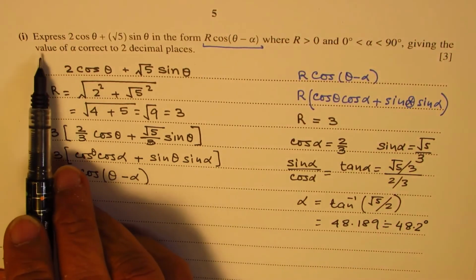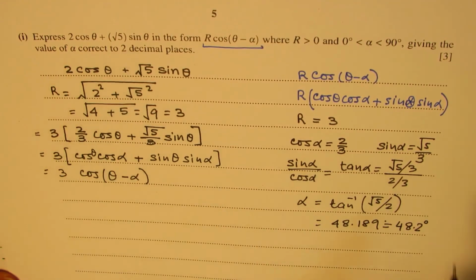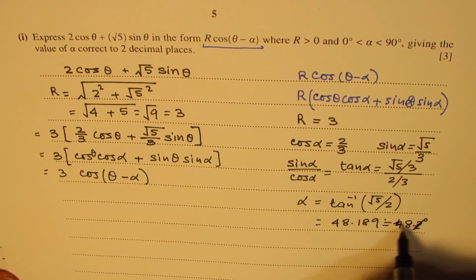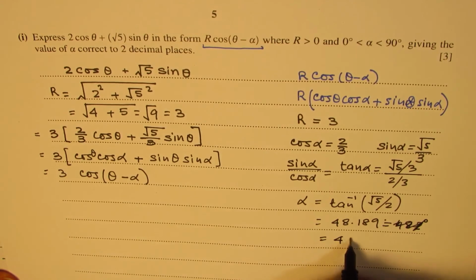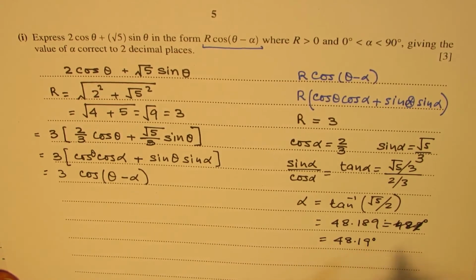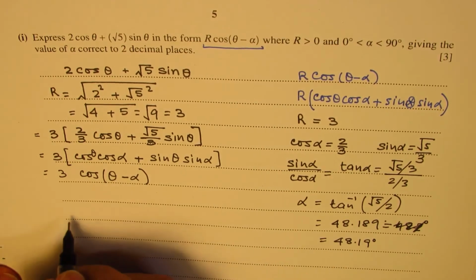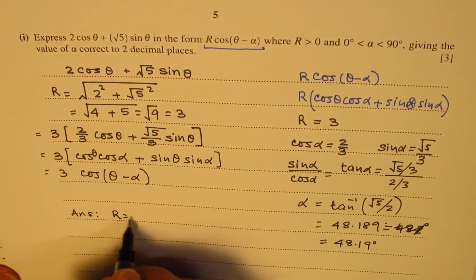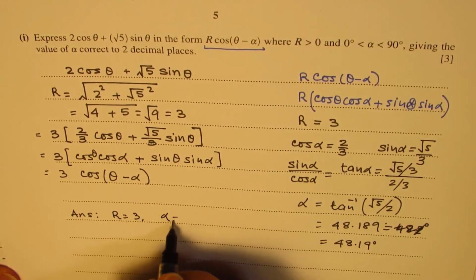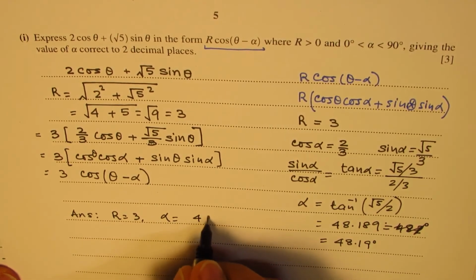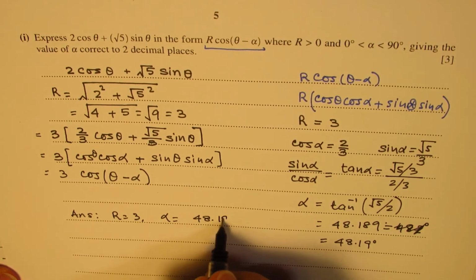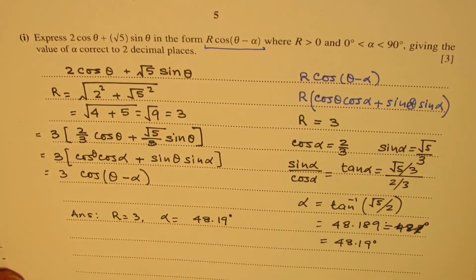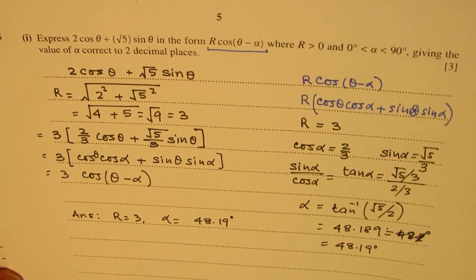Now we have to find alpha correct to 2 decimal places, so we'll write this as 48.19 degrees. Correct. So we got our answer, which is r is equal to 3 and alpha is equal to 48.19 degrees. Clear? So that is how we'll solve it.